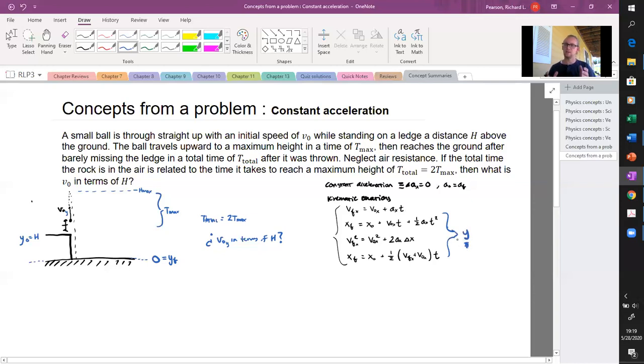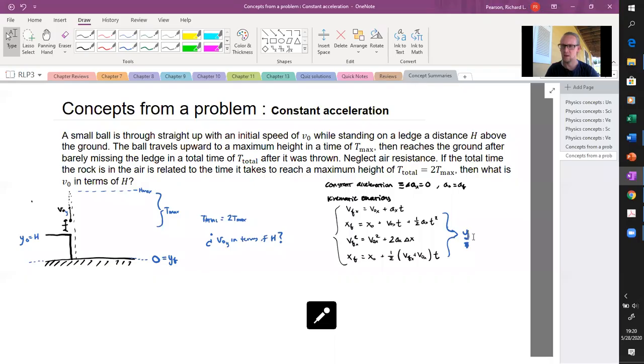They're the same thing, but now instead of being sub x or x final, it's now sub y or y final. Those are the two. So these are the tools that we have to now put this all together.